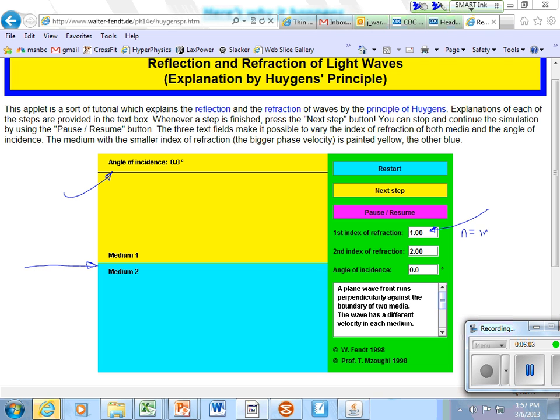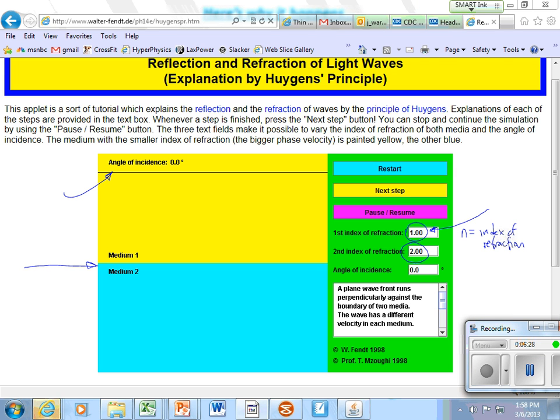N is called index of refraction. Medium 1 has index of refraction n1, and medium 2, we say, has index of refraction n2. And watch what happens when the light, or when that wavefront, that peak, gets to the boundary.